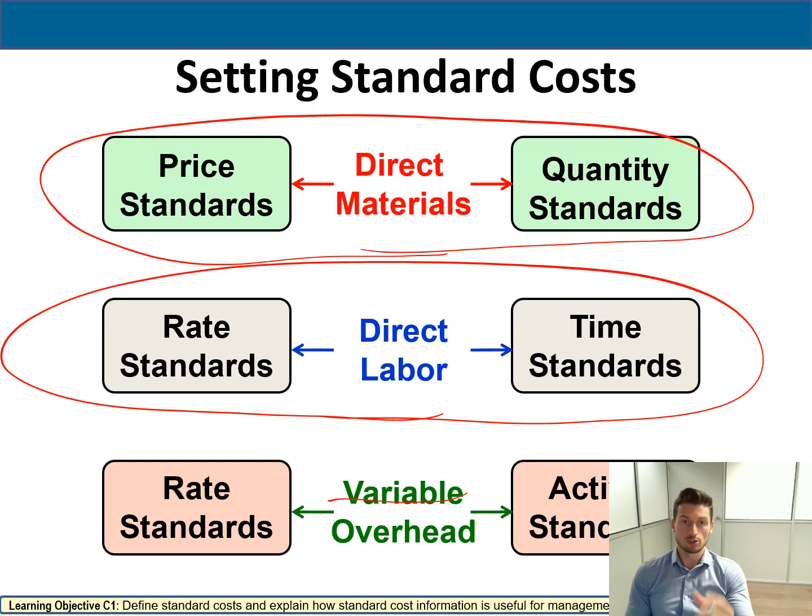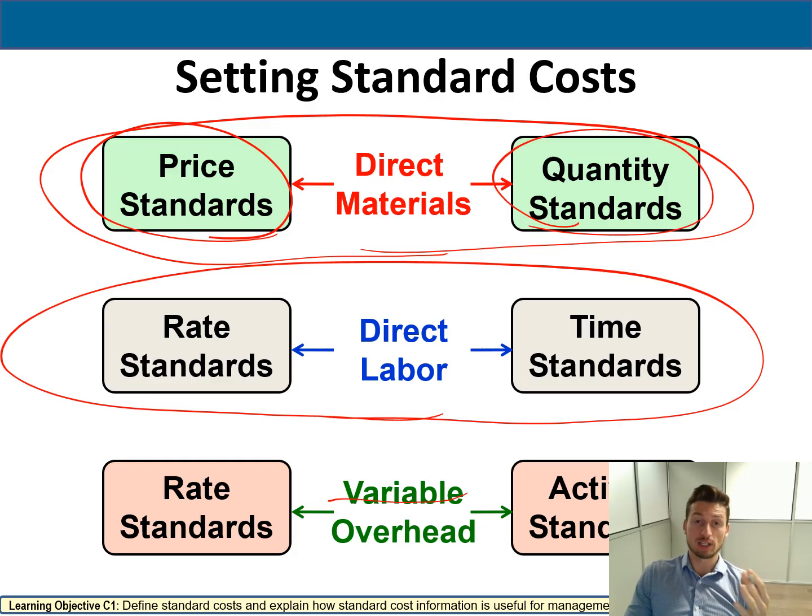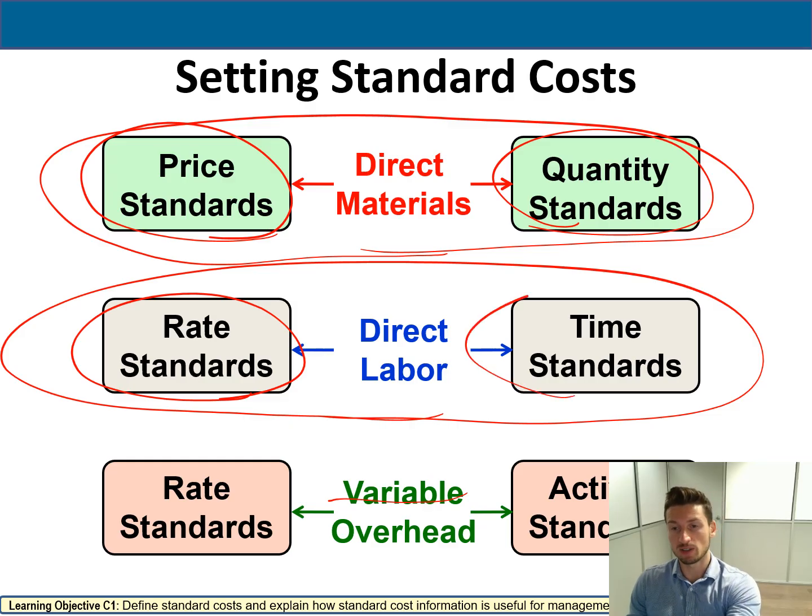Okay, so here we have price standards for direct materials, and we have quantity standards. For direct labor, rate standard, so how much you're gonna pay, and time standard, how many hours you're gonna use. And for overhead, we have just a general formula to calculate overhead variance.